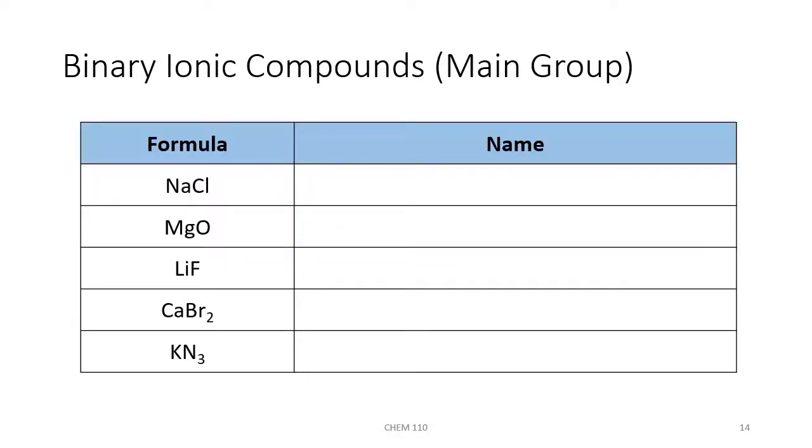So let's look at some examples. We have the formula NaCl. Na is a metal, and that will be sodium. Chlorine is a nonmetal, only we will change the ending of chlorine to IDE, or ide. So the name of the compound is sodium chloride.